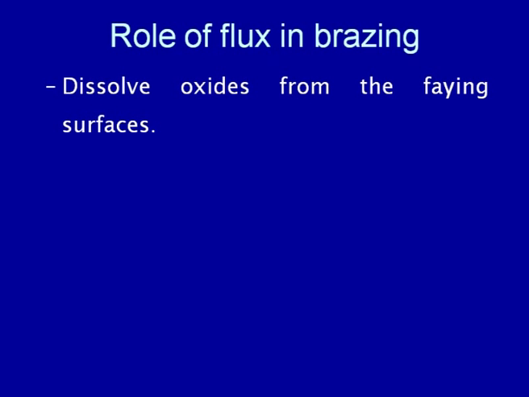These fluxes basically dissolve the oxides from the fixed surfaces and reduce the surface tension of the molten filler material in order to increase the wetting action and the spreadability.